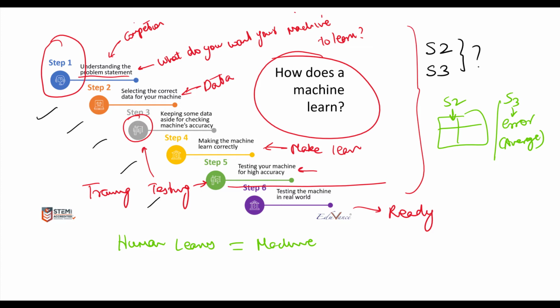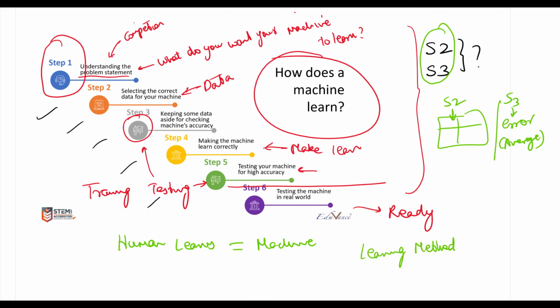First, you have to understand the problem statement. Then you have to select the right kind of practice problems for your machine. I am using the same terms that we are familiar with from session 2 and session 3. Now that we've kept some problem statements aside for the machine to test, we go ahead and train the machine using a right learning method. So now I'm using a term called learning method.